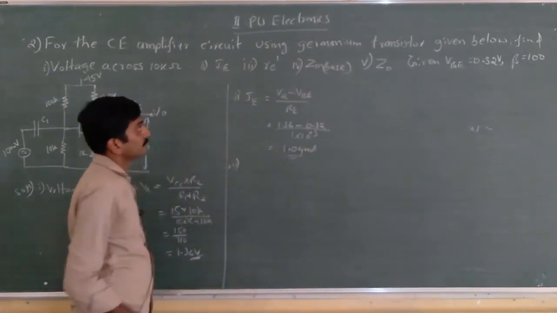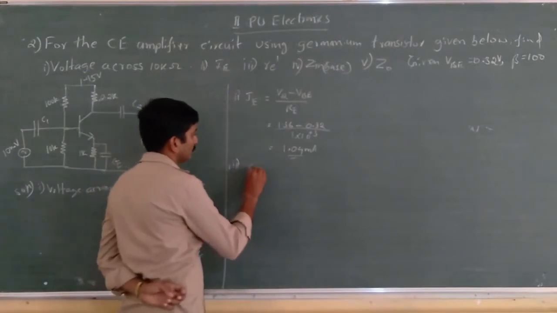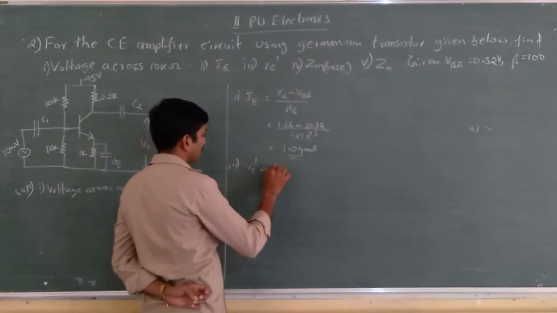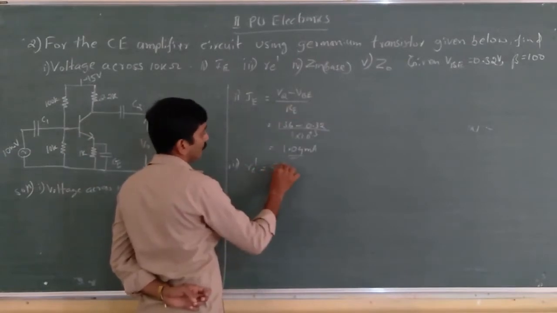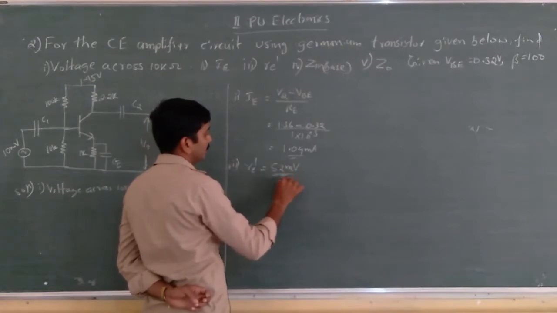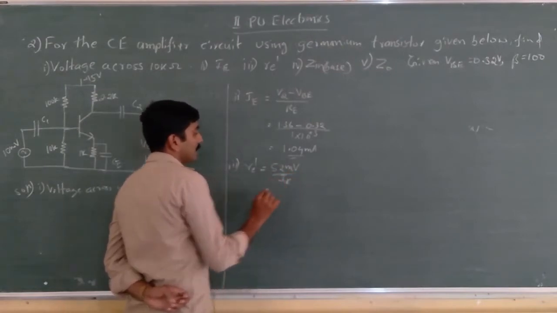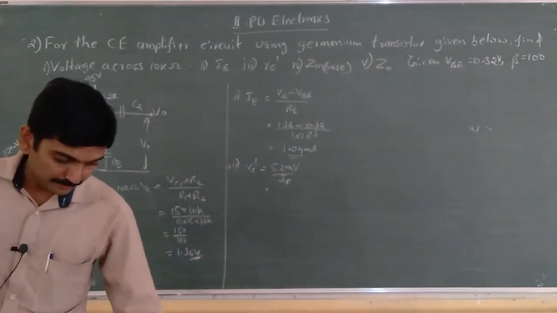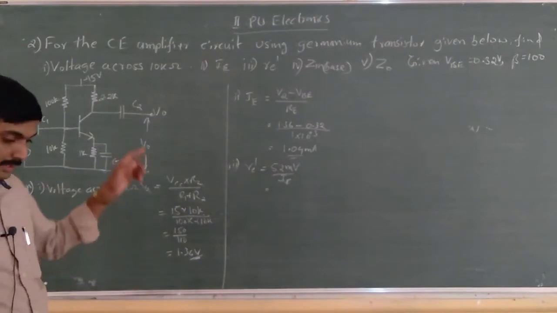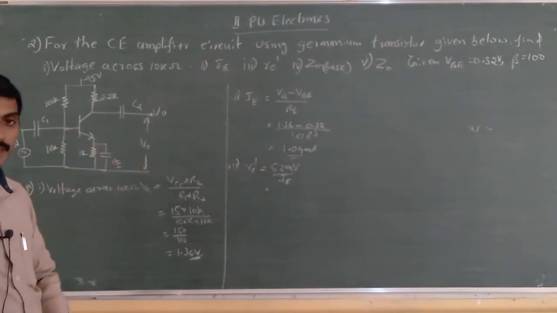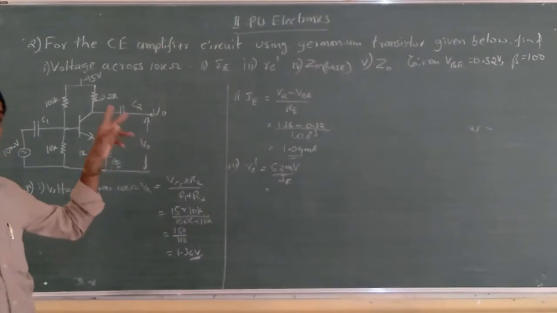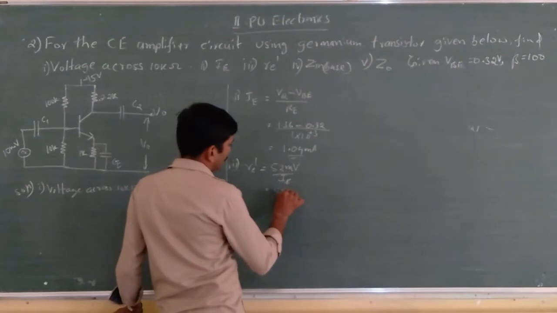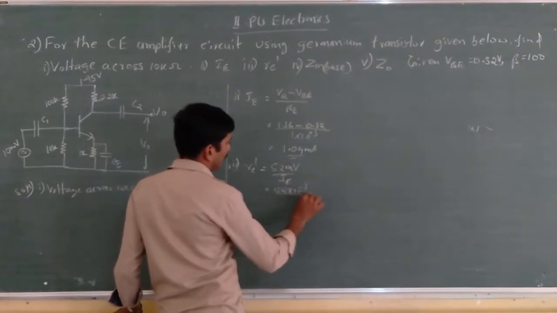Third calculation, RE dash equal to, this is germanium transistor, it is clearly given, 52 millivolt divided by IE. So, the formula, just note down the difference. For germanium transistor, it is 52 millivolt divided by IE, VT divided by IE, and 26 millivolt for silicon transistor. 52 into 10 to the power minus 3 divided by IE.